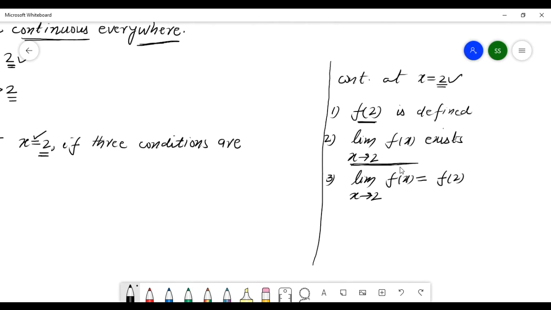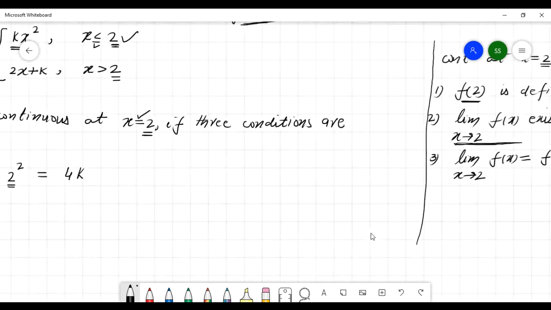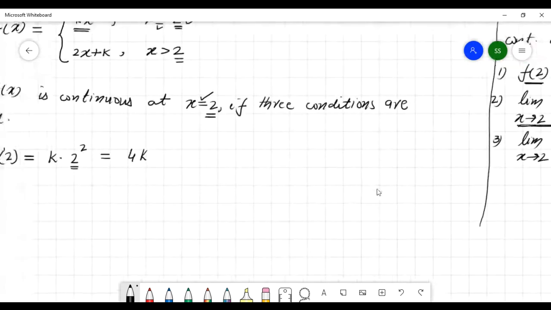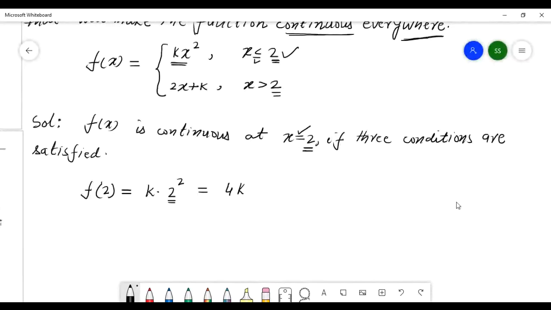So here first you have to find the left hand limit. Why will I find the left hand limit? Because your function is defined in two pieces, one for x less than 2 and the other for x greater than 2.